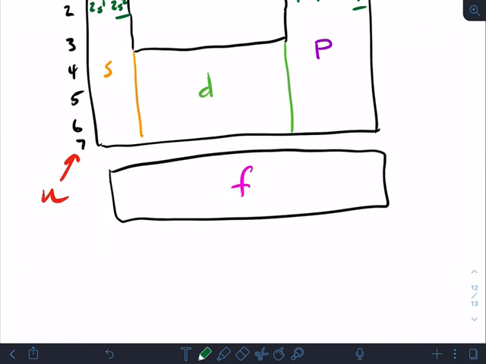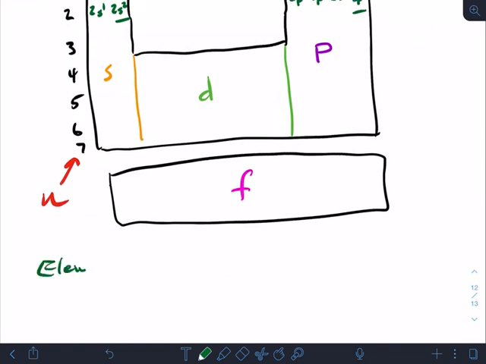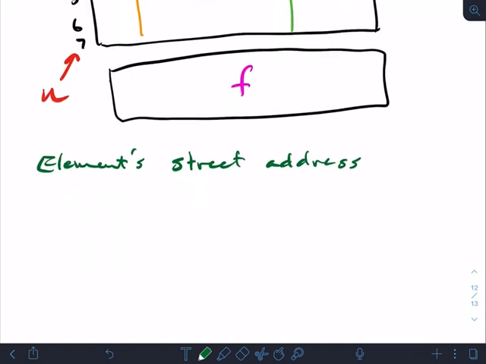Now, electron configurations are a lot like an element's address, like its street address. So the easiest way to deal with this is to just do a couple.